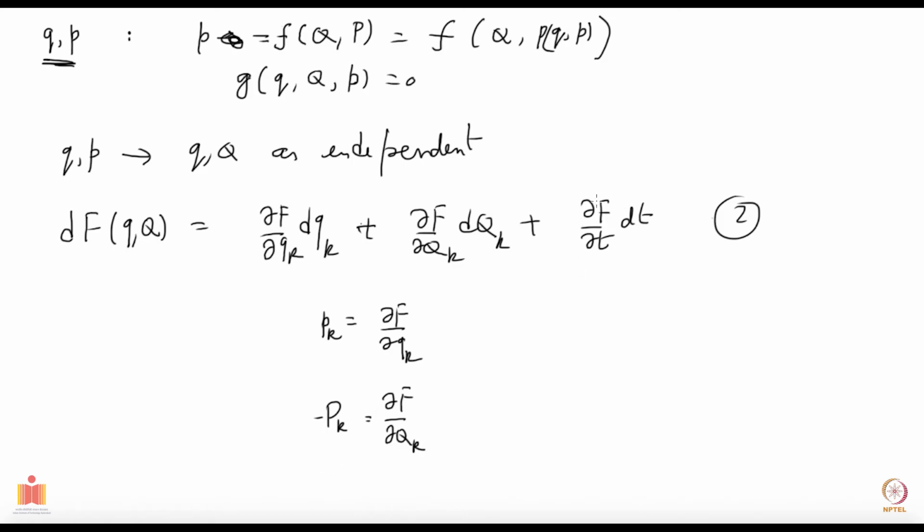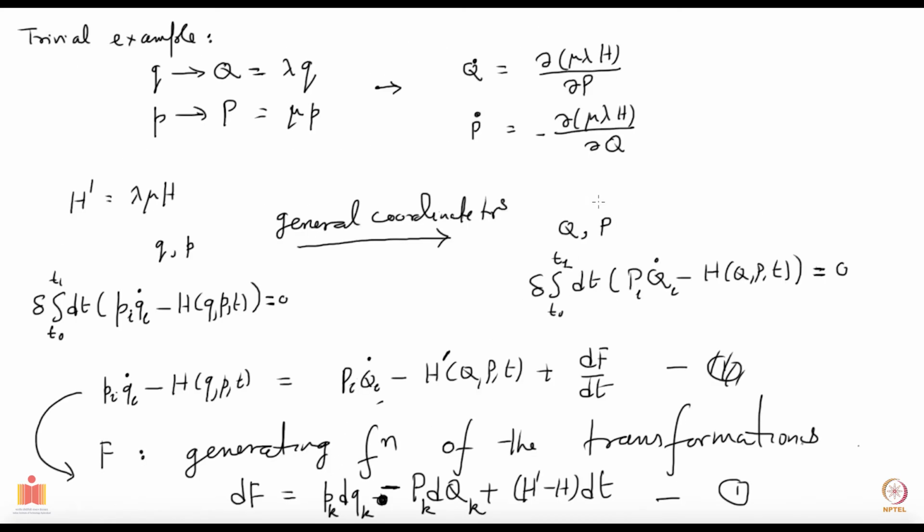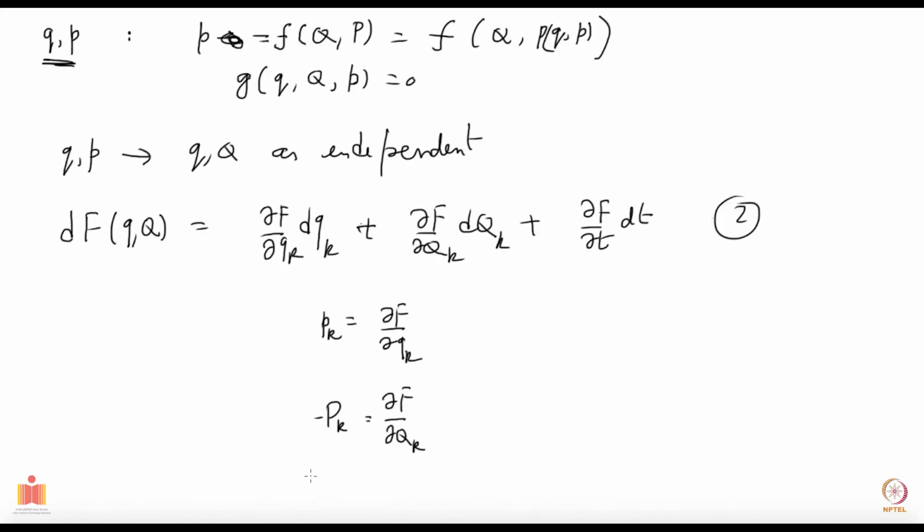This piece is equal to h prime minus h, which means h prime is the same as h plus a partial time derivative of f. So if your generating function did not depend explicitly on time, then your new Hamiltonian and the old Hamiltonian will be the same.